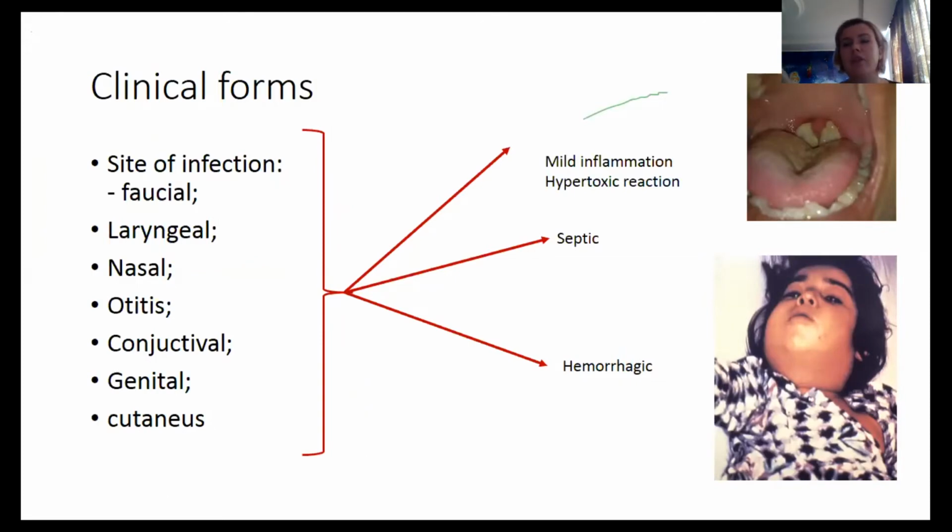On the right side of the screen, you can see examination of the throat, and you can see fibrinous films on the tonsils. And next picture: you can see edema, the hypertoxic reaction of this disease.